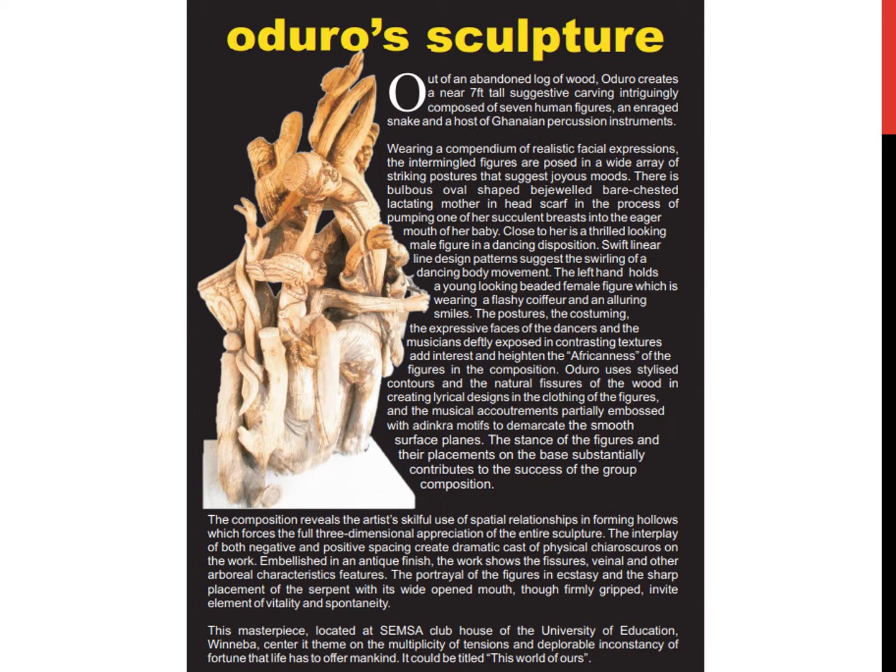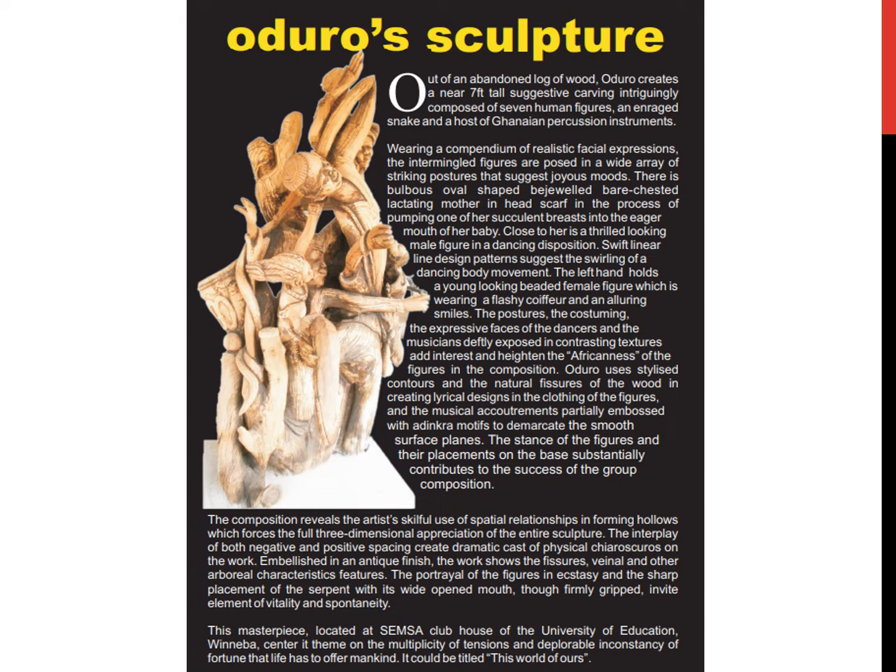To start with, let's look at how three different writers approached a work, or wrote aesthetically about a statue, a wood carving located at the Senior Staff Clubhouse, that's SEMSA, at the University of Education, Winneba. That's closer to the Student Center. Let's look at how the writers approach their works.